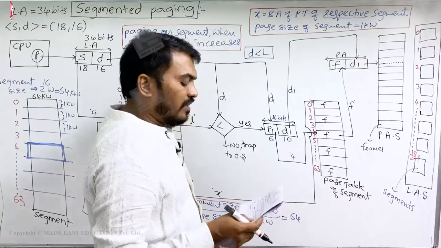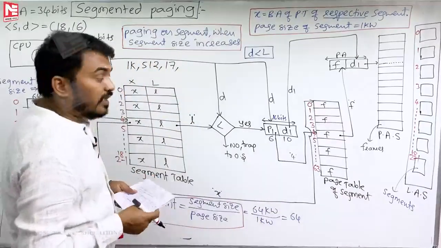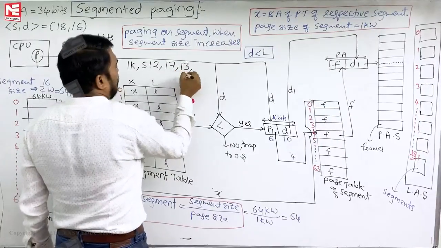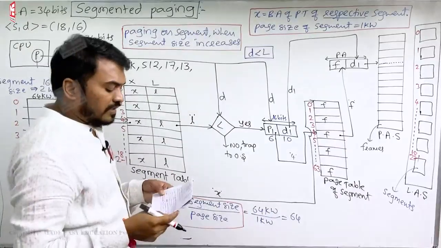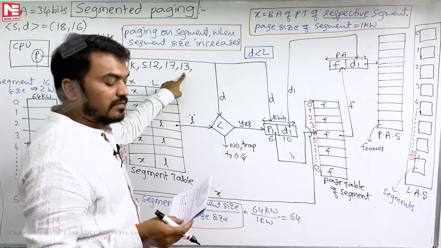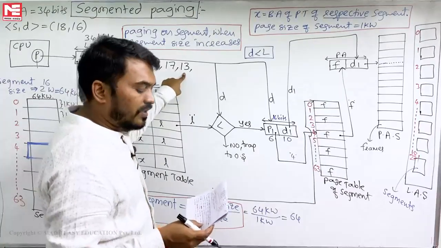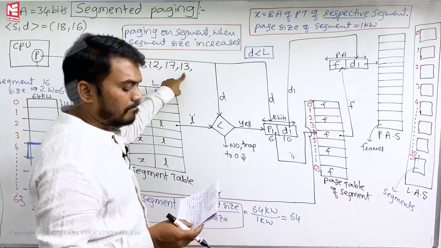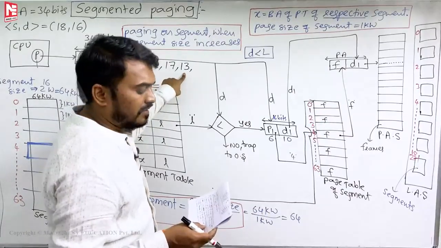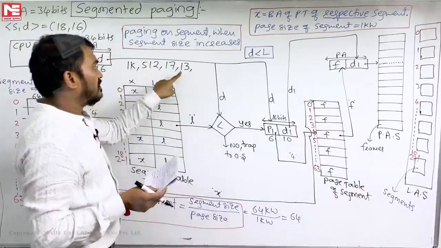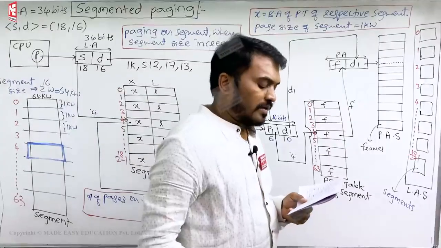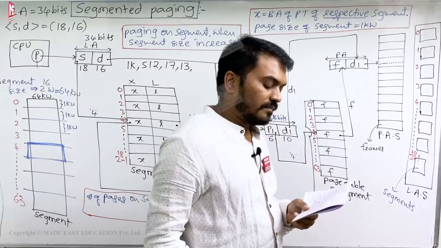Full stop. The frame number requires 13 bits. 13, written here. Frame number requires 13 bits to represent frames of PAS. Full stop.